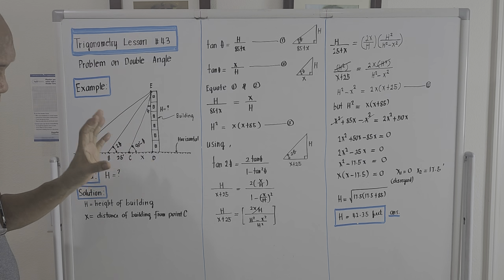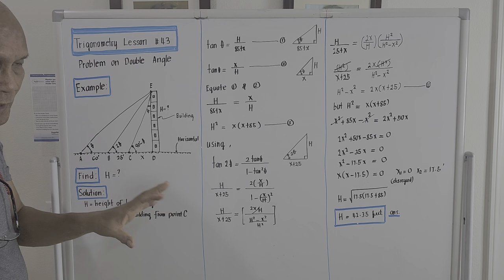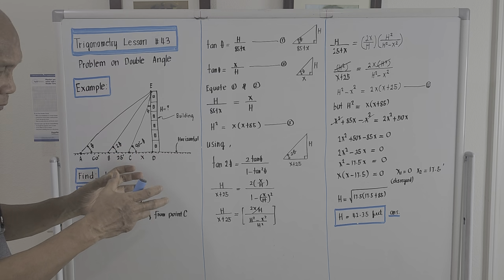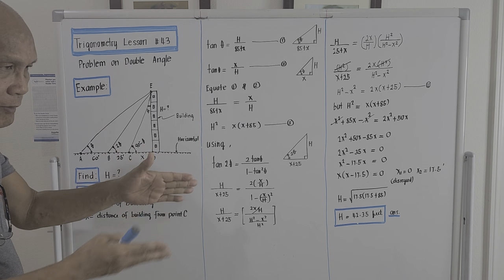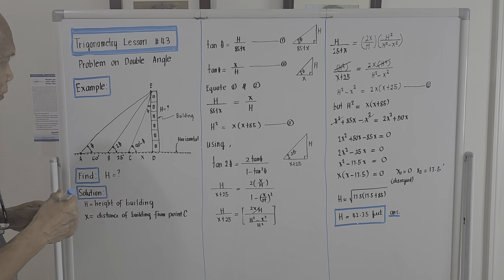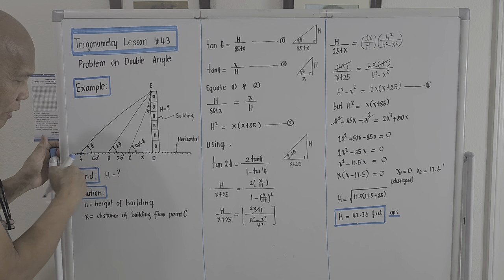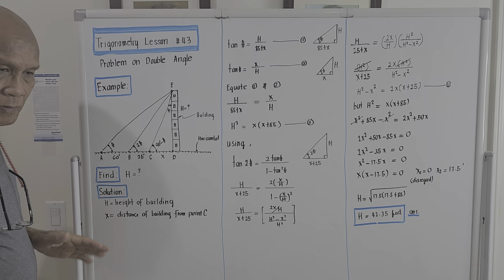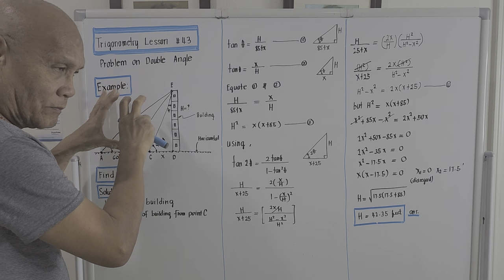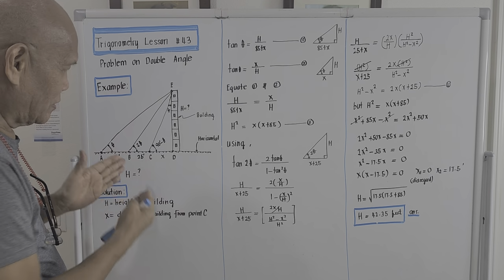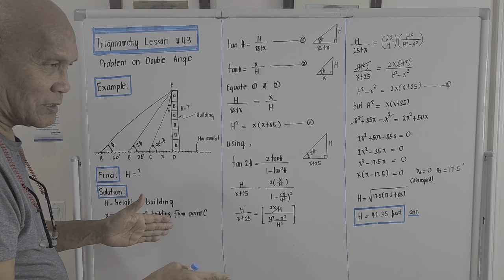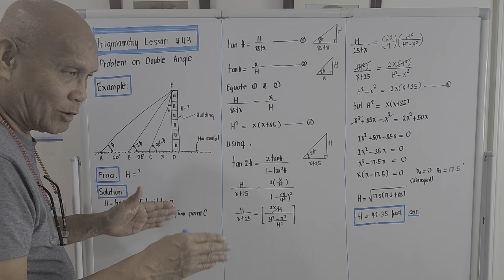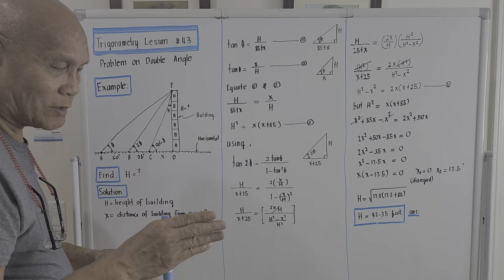I will just give the figure, then I will discuss how the figure comes out. Okay, the example will be this. We are given a figure here. Instead of writing the verbal problem, I will just give you the figure, then I will give the specs of the problem and what is being asked.